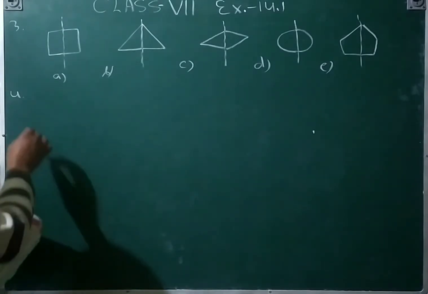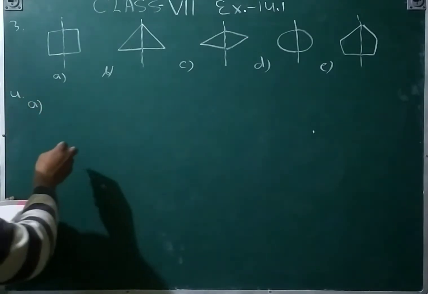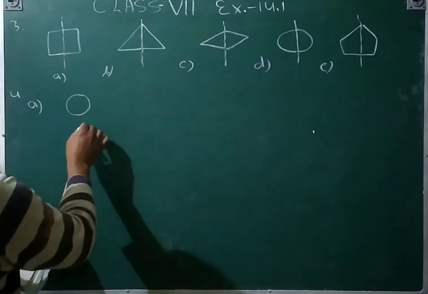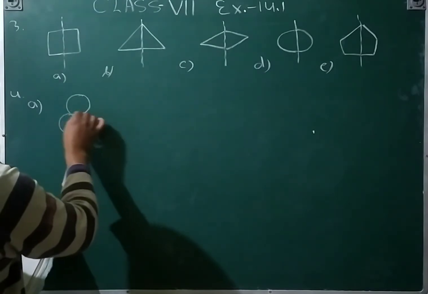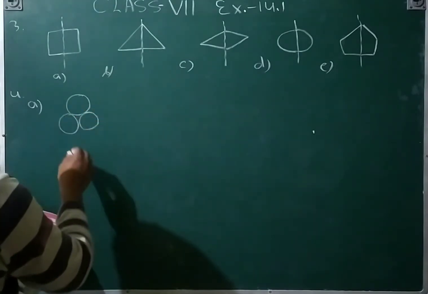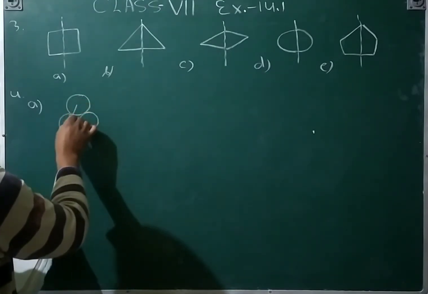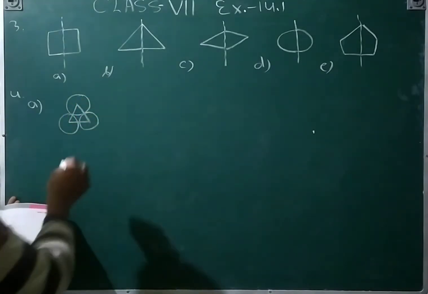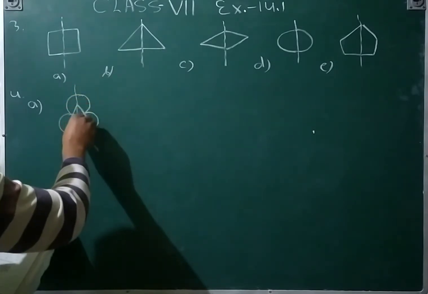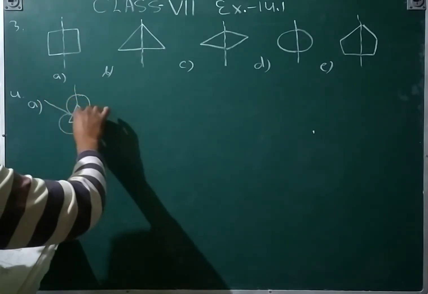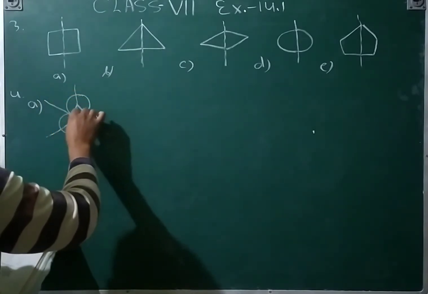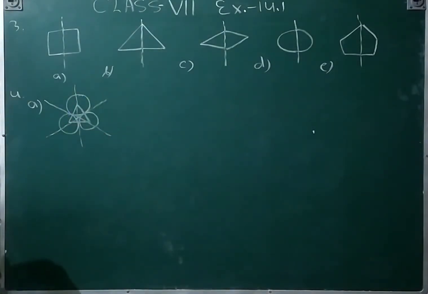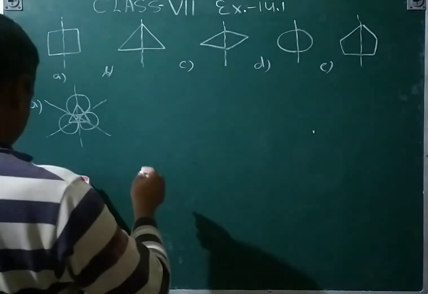In the first part, 4 A, the diagram has 3 circles attached to each other and a triangle is given in that diagram. So this one will be a symmetry line, this one also will be a symmetry line, this one also will be a symmetry line. 3 circles are there, so there will be 3 lines of symmetry.